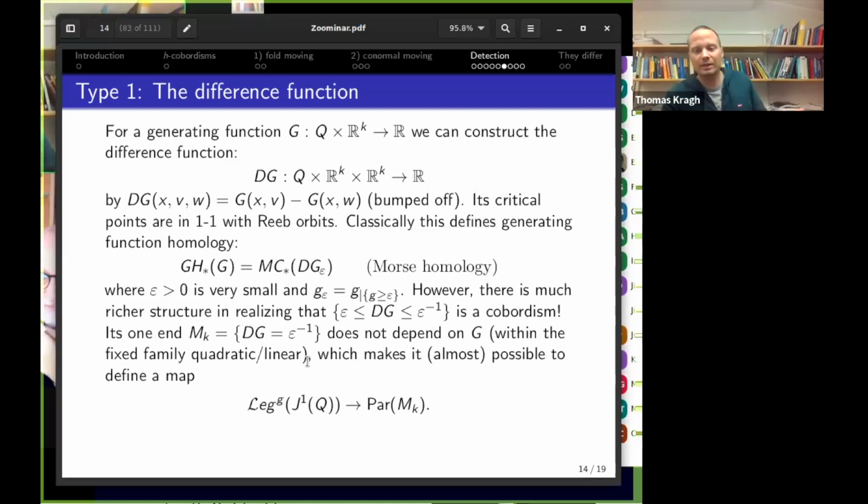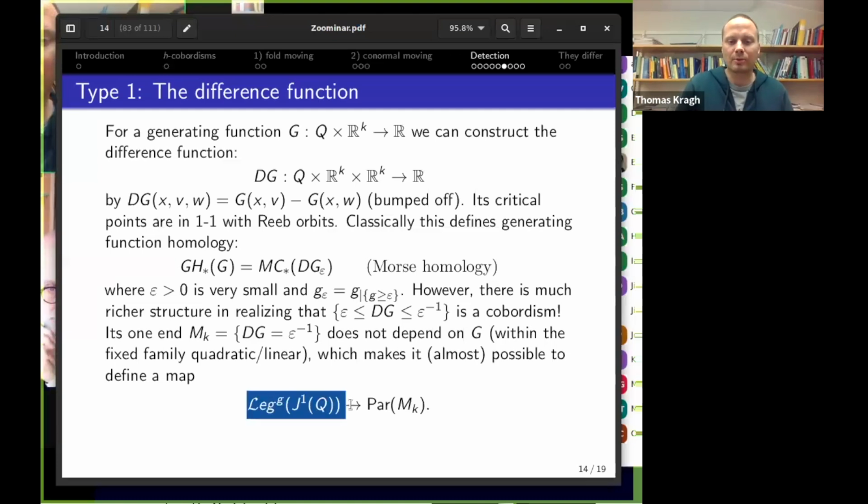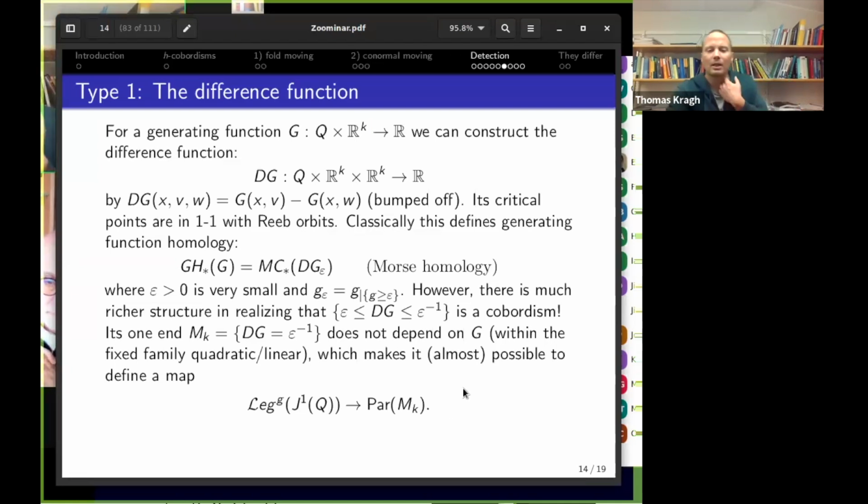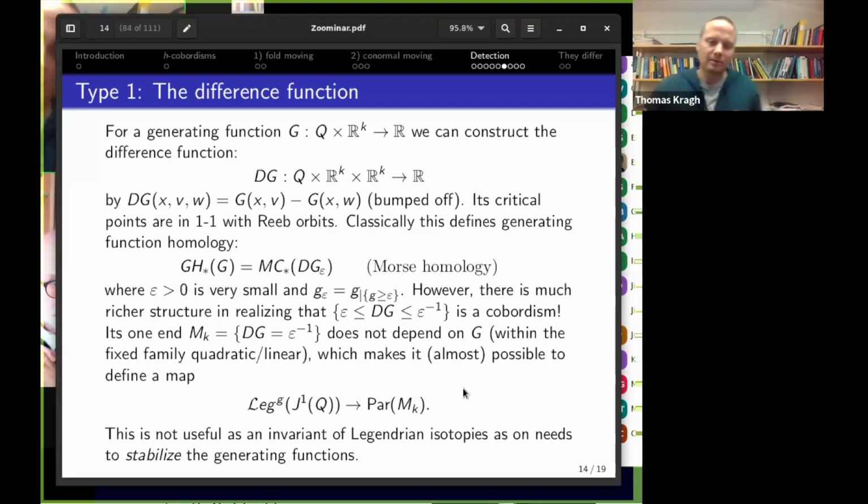So what you get is that it's almost, and I'm lying just a little bit, possible to define a map from Legendrians with generating functions into partition space of M_K. I should put a K in this notation, a subscript K or something, because I'm having K auxiliary variables. But again, generating functions change when you take isotopies, and if you want something that's an isotopy invariant and actually detects families up to isotopy, then you need to stabilize.